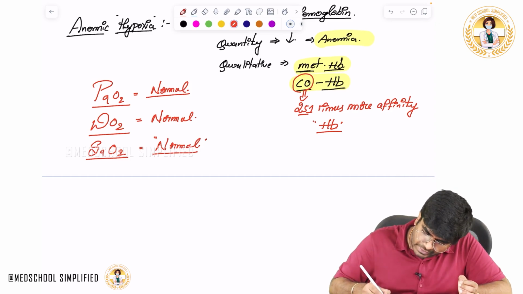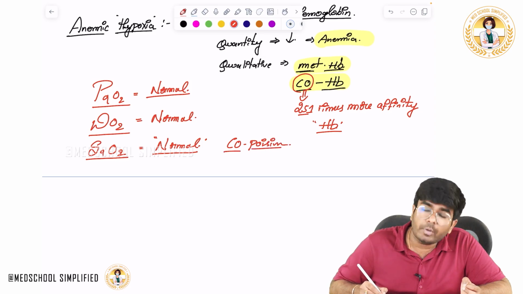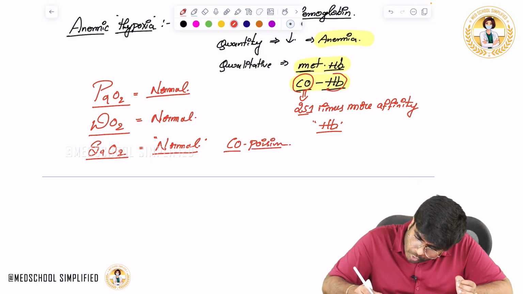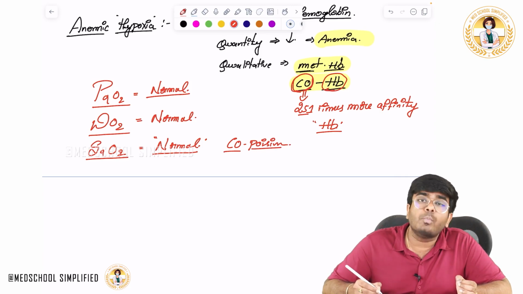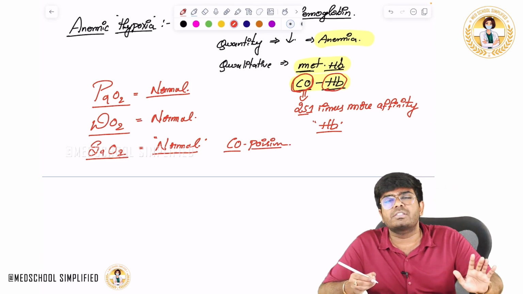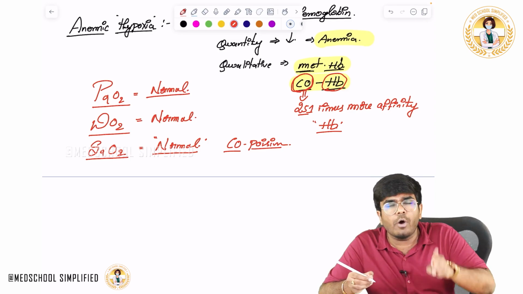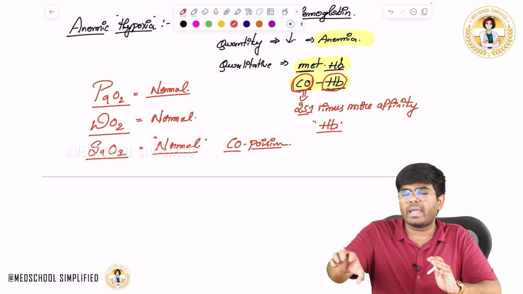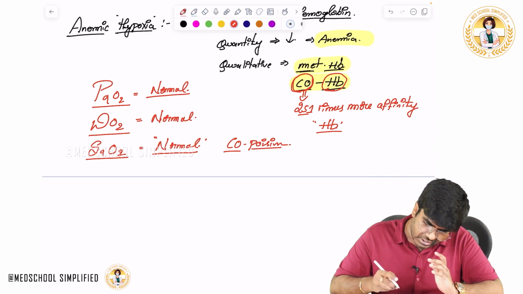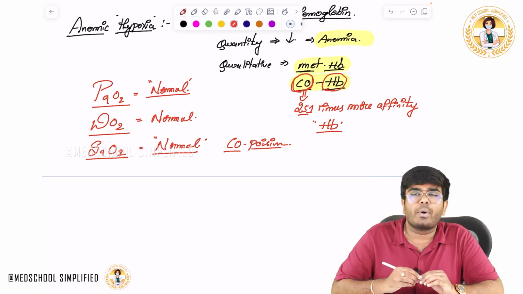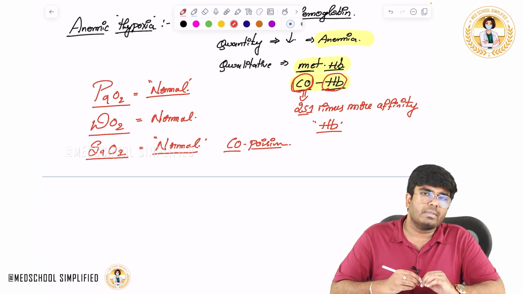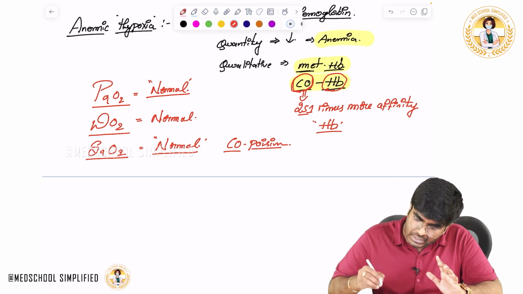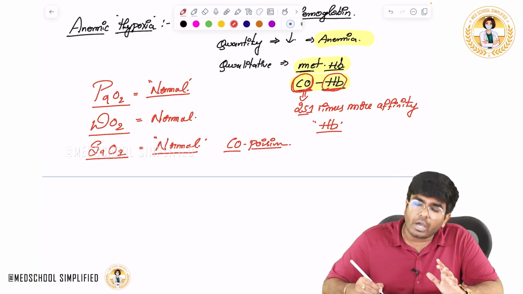But in one condition, which is called carbon monoxide poisoning, to hemoglobin who is binding? Carbon monoxide is binding. So though everything is normal, though partial pressure is normal, if normal partial pressure is there, hemoglobin has to bind with oxygen. But in this condition the partial pressure of oxygen is normal, everything is good, but still the hemoglobin is binding with carbon monoxide.